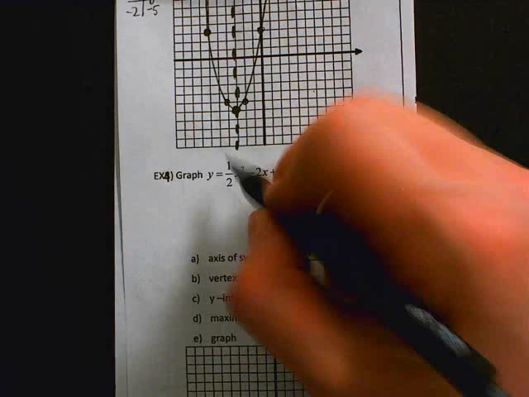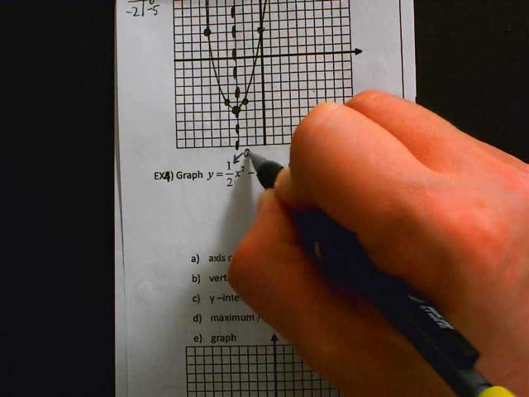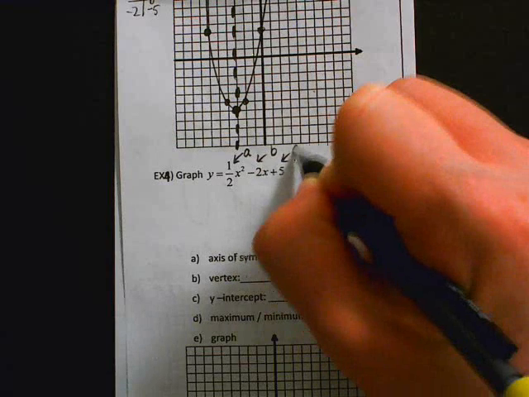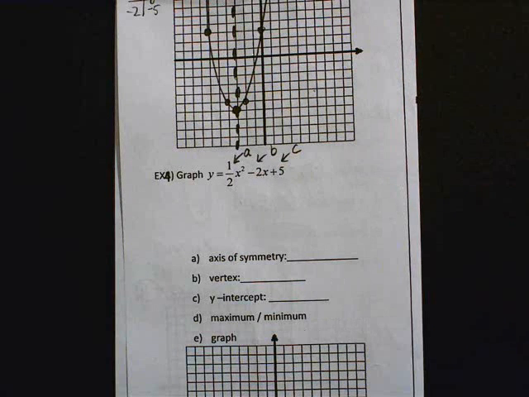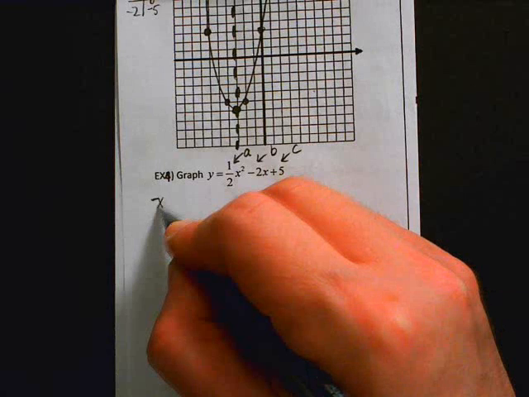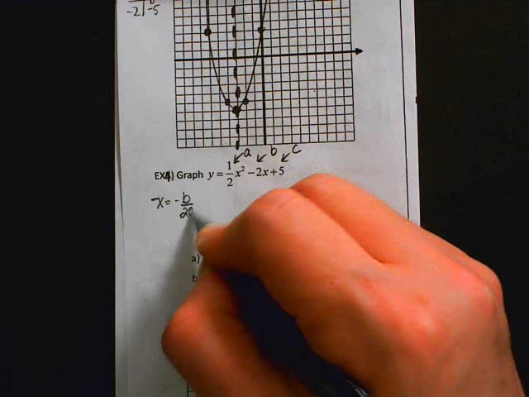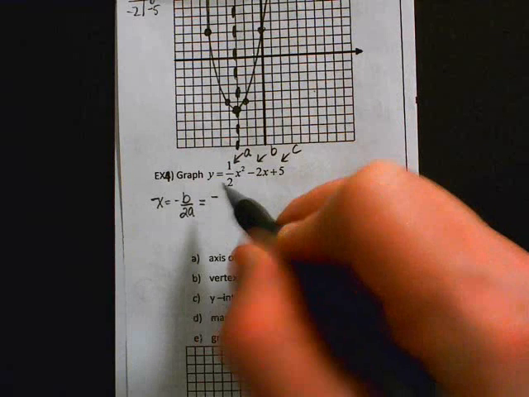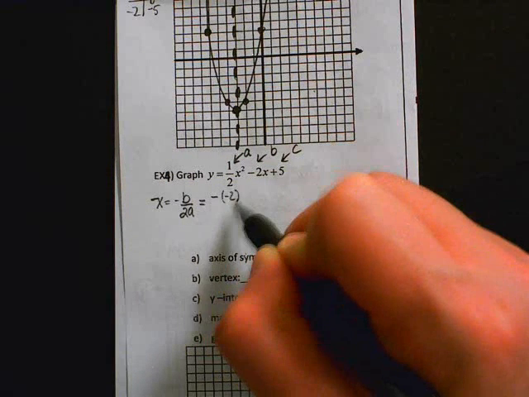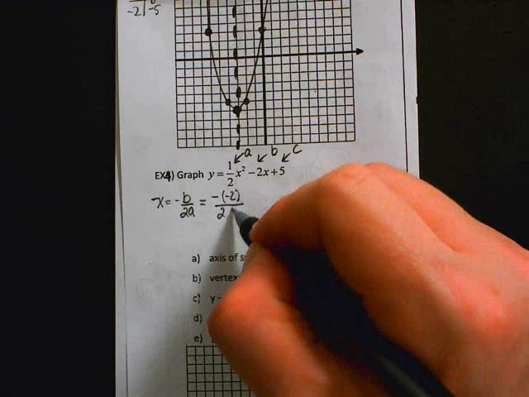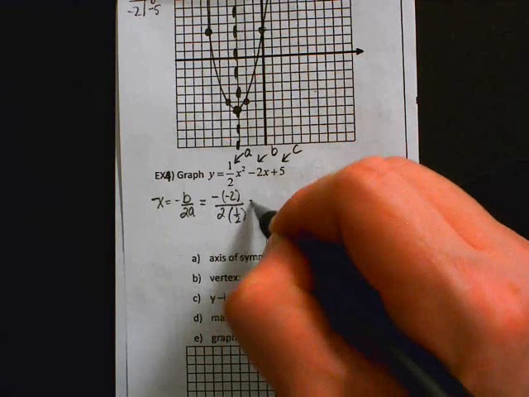Alright, again, identify. This is our A, this is our B, and this is our C. Line of symmetry says this is -b over 2a. So negative, the b happens to be -2, and a is 2 times 1/2.